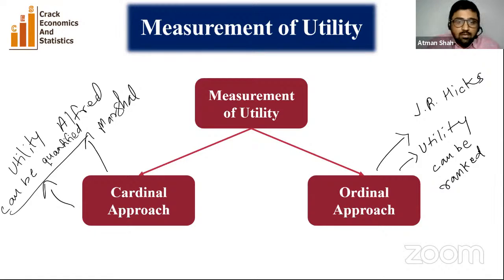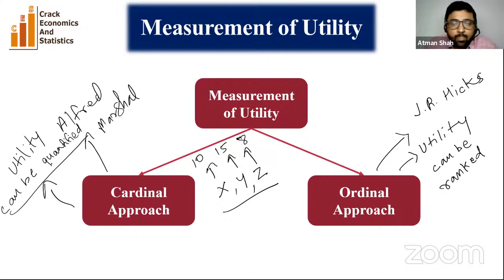Assume that there are three commodities, X, Y, and Z. According to the cardinal approach, we can quantify the utility that consumer derives from commodity X, commodity Y, and commodity Z. So from commodity X, suppose consumer derives 10 units of utility, from Y 15, and from Z 8.